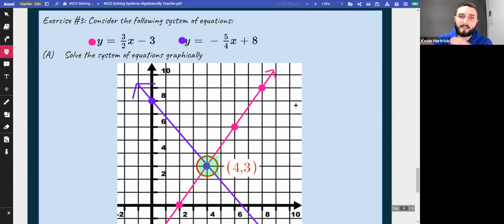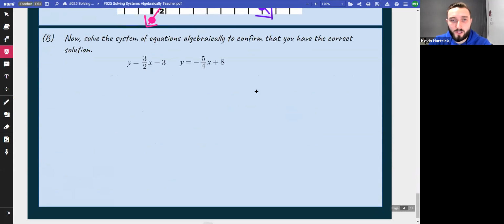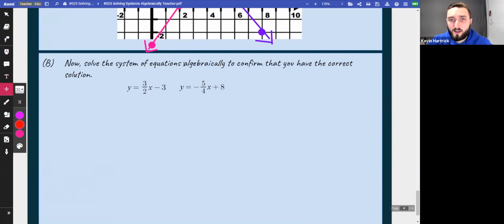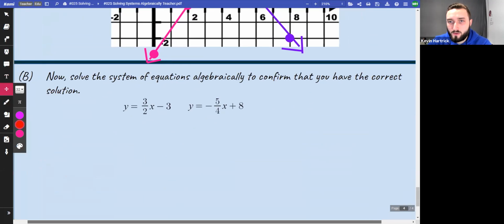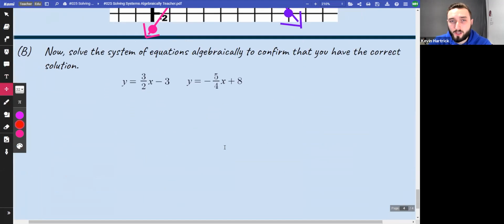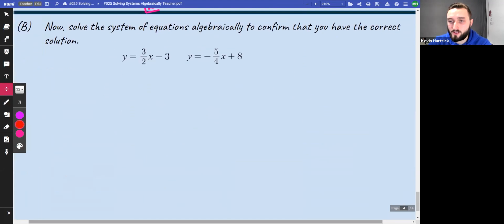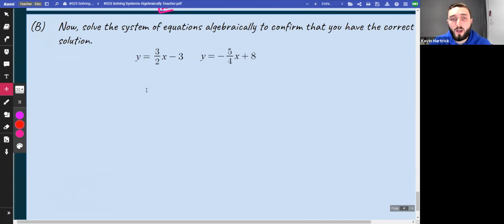So the reason why, when we are solving these algebraically, we are looking for where they are equal, or we set them equal to each other, is because we want to know what is that point where both the y values are the same, okay? We want to know what x value that is. So when we set these equal to each other, and you guys tried this on your own, if we're trying to solve this algebraically, and we are trying to use our method of substitution where we set these two equations equal to each other, we're trying to figure out what x value it is.